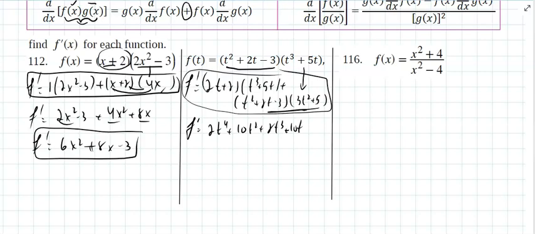When you multiply those, oh boy, that's a big mess. That would be 3t to the fourth plus 5t squared plus 6t cubed plus 10t minus 9t squared minus 15.